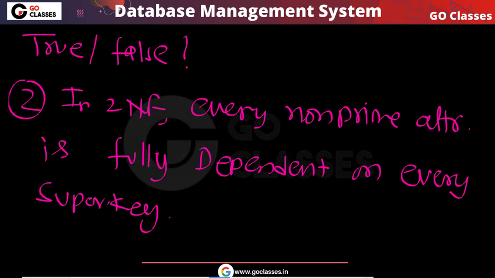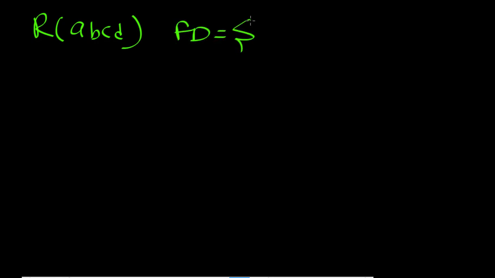And you can give a counter example. Let me give you one. Consider a relation R(A, B, C, D) with the functional dependencies AC determining D and D determining ABC.